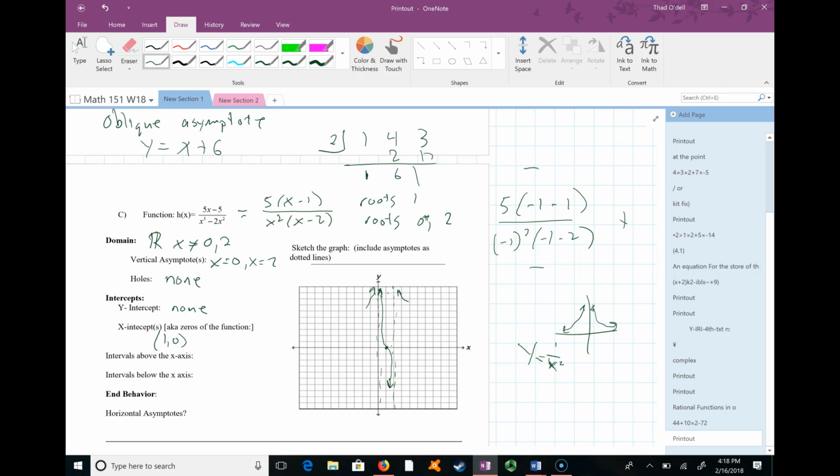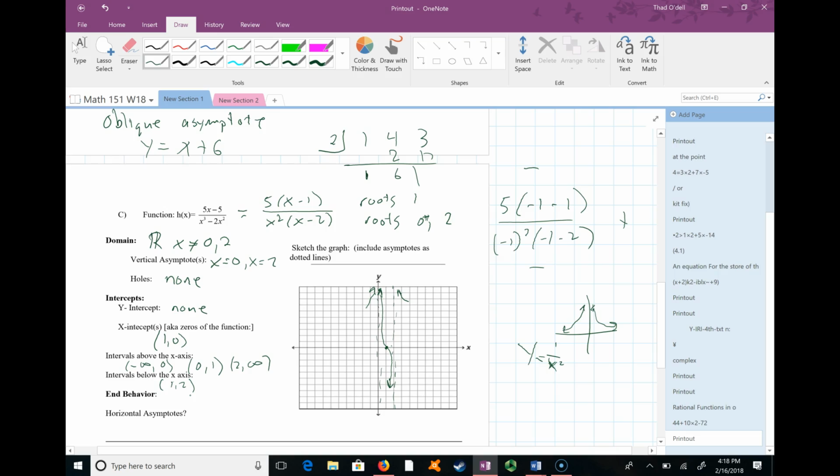So intervals above the x-axis would be from -infinity to 0, and from 0 to 1, and then from 2 to infinity. And the only place it's below is from 1 to 2.